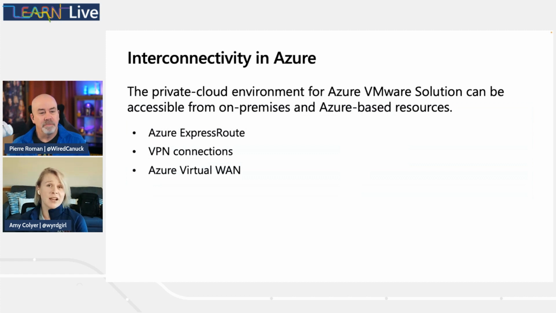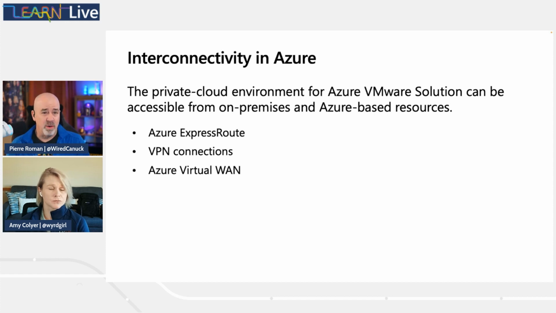And then the interconnectivity in the solution. We use ExpressRoute, but you can also use a VPN connection. There's no SLA for that, but it's a good way to at least get started, or you can use the Azure virtual WAN. I think the reason there's no SLA for the VPN connection is that it's outside of our control, because you're using public internet infrastructure to connect to a VPN gateway.